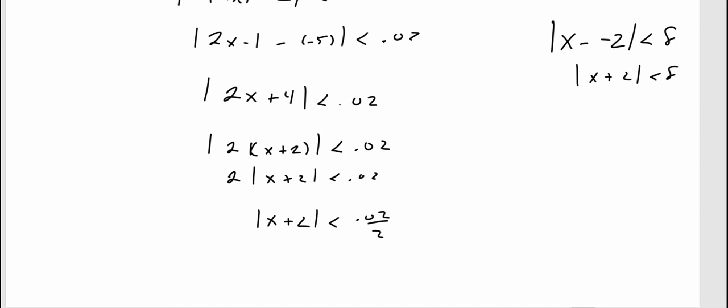And 0.02 divided by 2 is going to be, wait a minute, that's not right. It's 0.01, all right. So then our delta in this case is the maximum value of it. The farthest we could get away is 0.01.